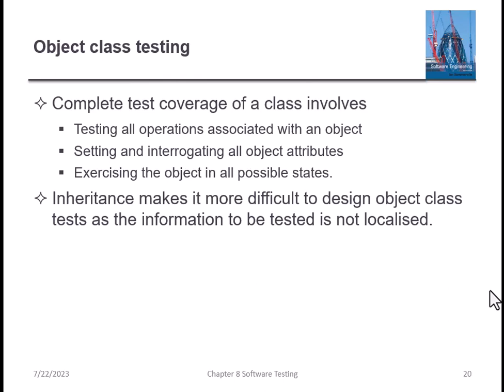Complete test coverage of a class includes testing all the operations associated with an object, setting and interrogating all the object attributes, and exercising the object in all possible states. Inheritance makes it more difficult to design object class tests, as the information to be tested is not localized.